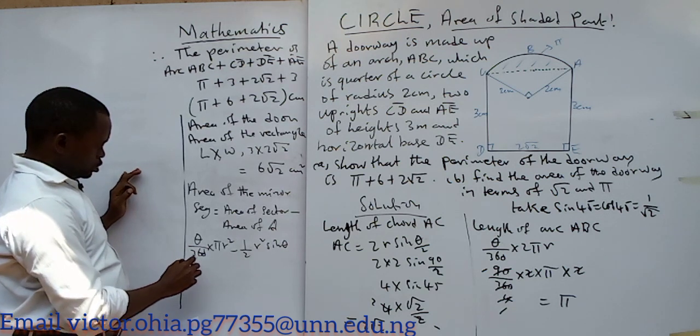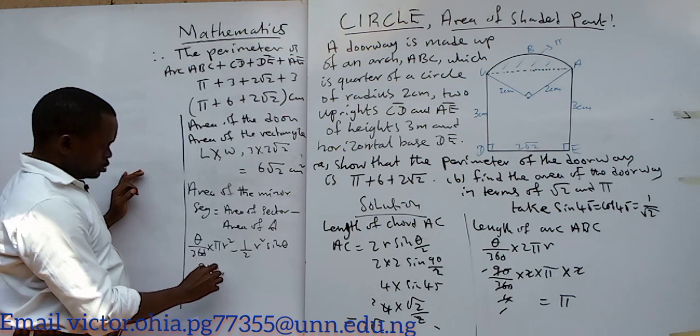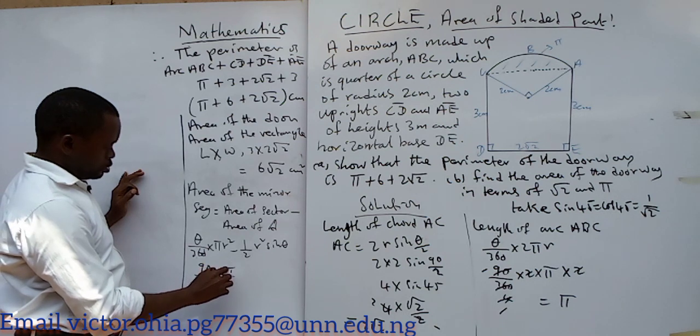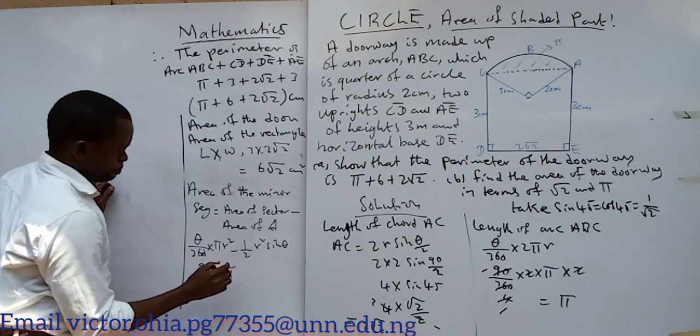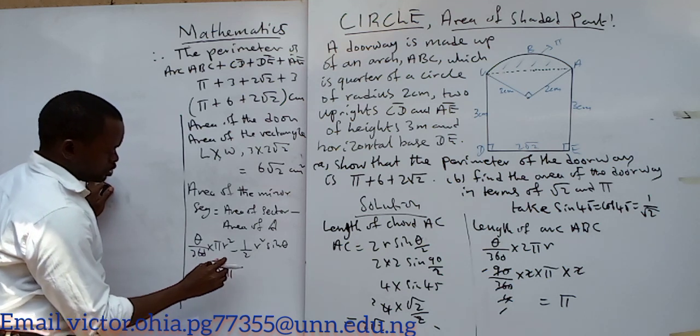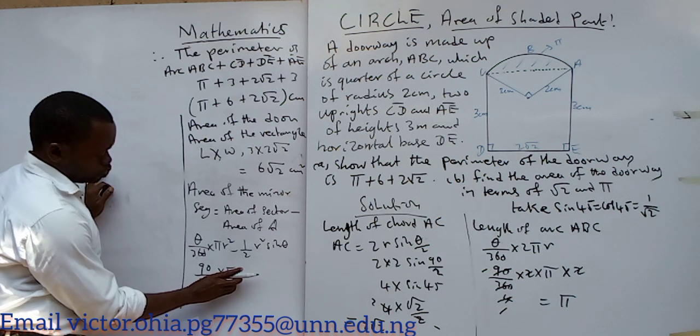Okay, so this is 90 over 360 times pi, because they say we should leave it in terms of pi. So I'm not going to replace this by 22 over 7.